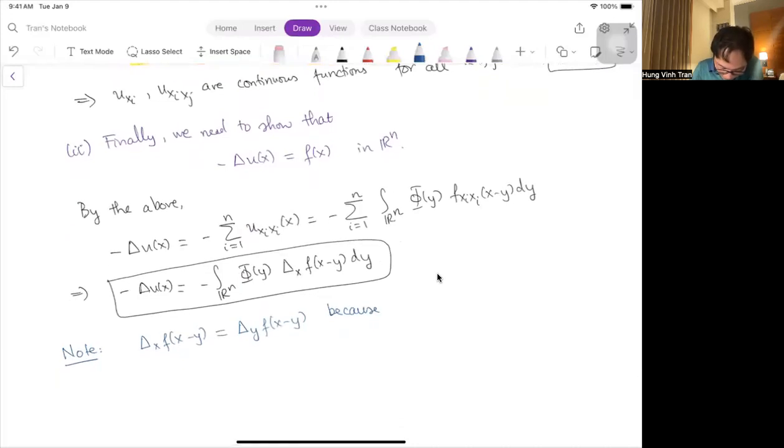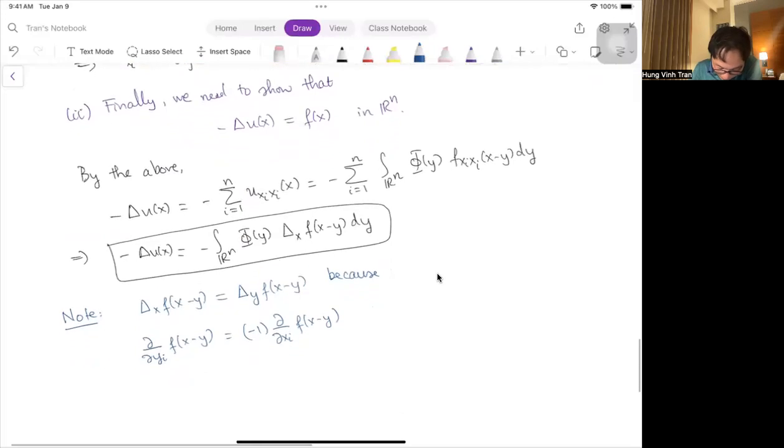Let me write that: del over del yi of f of x minus y equals minus 1 times del over del xi of f of x minus y, because of the minus sign. But if you differentiate twice, del squared over del yi squared of f of x minus y, it would just be minus 1 squared.